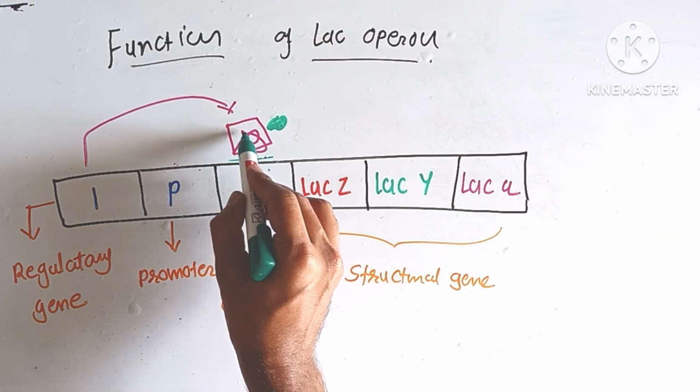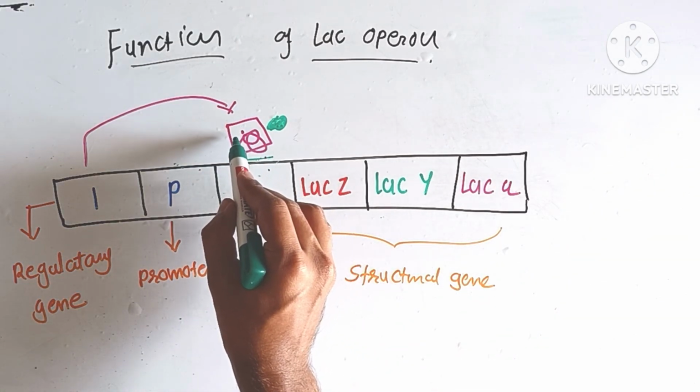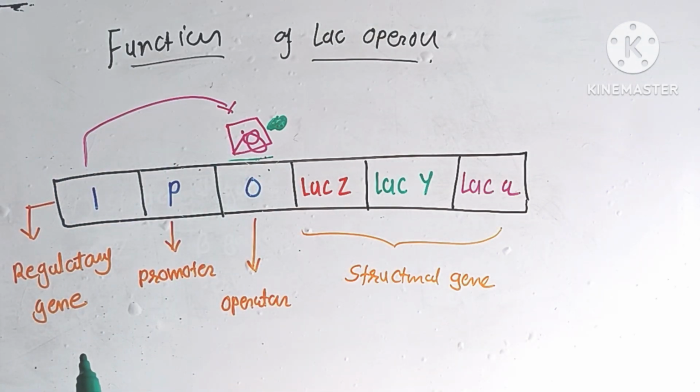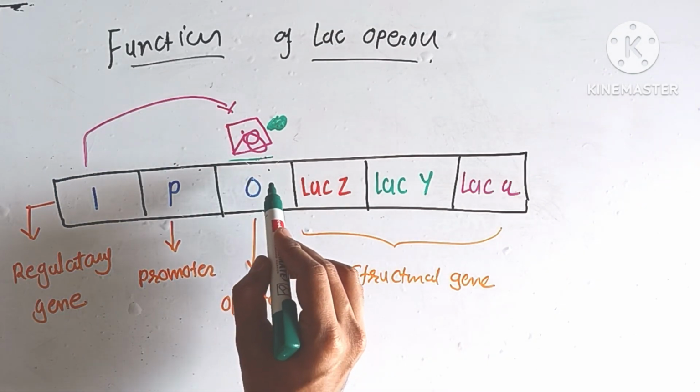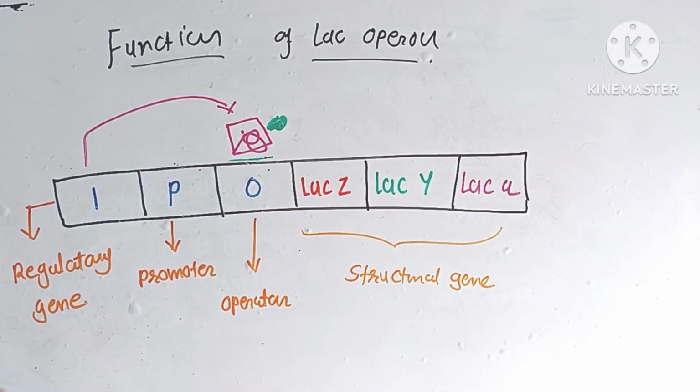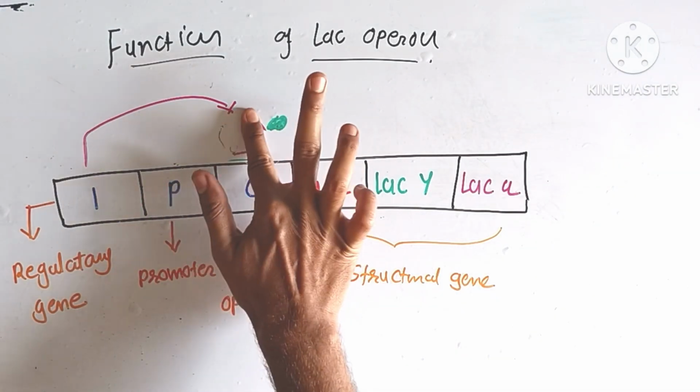How? By changing the conformation of this repressor protein, and what happens? It no longer binds with the operator region, and in the end result, this repressor protein is released.